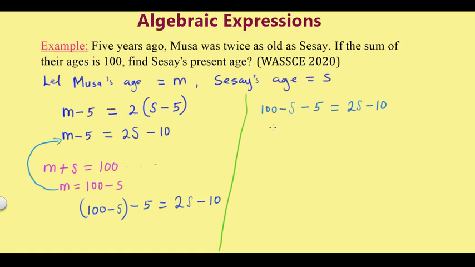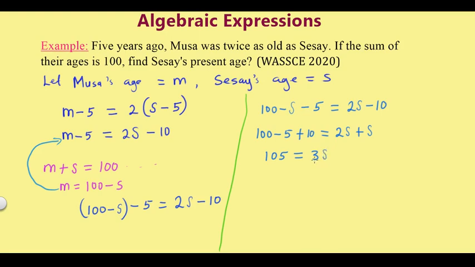Now let's collect like terms. That will be 100 minus 5. This is also a similar term, that will be plus 10 equals 2S plus S. So this becomes 95 plus this, that's 105 equals 3S.